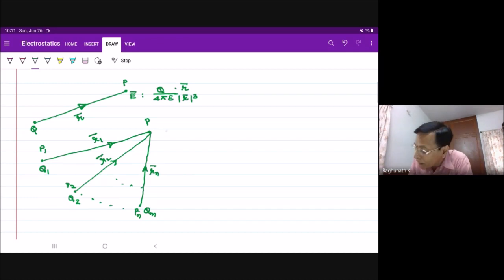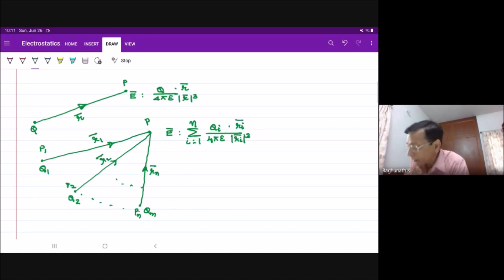Because of which the electric field intensity E bar at that point is the sum from i equal to 1 to N of Qi divided by 4 pi epsilon mod Ri bar whole cubed into Ri bar. Please check it.